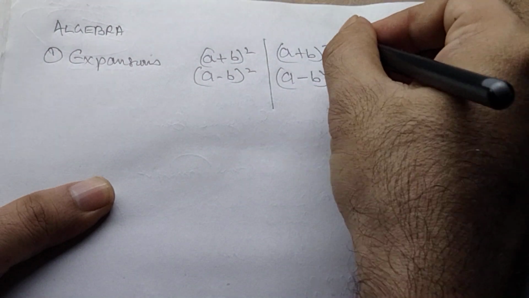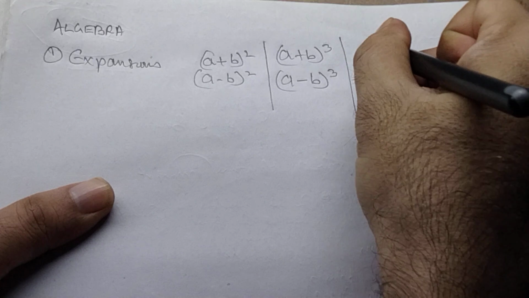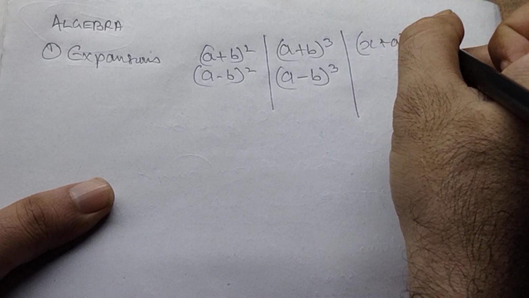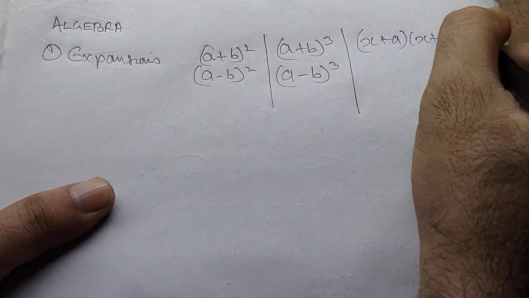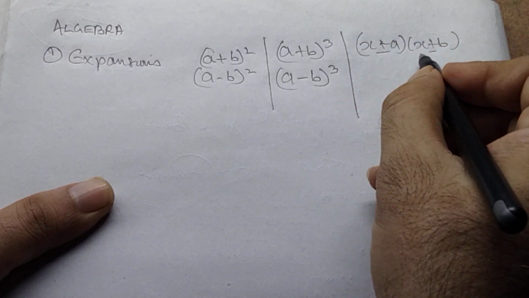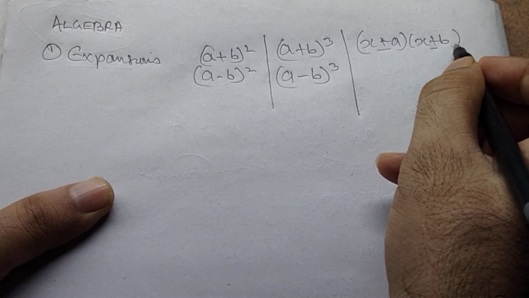Third you need to know is x plus a into x plus b, and here also you can take minus sign. So x plus minus a into x plus minus b. Two expressions here which you need to know.